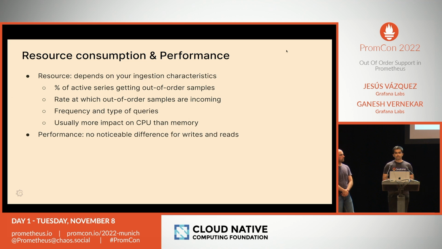But there, the data is always overlapping, so we are always deduping the samples, so we don't see any difference in reads. It's possible in Prometheus, because you always have in-order data. Once you start getting out-of-order data which overlaps with the existing data, it's possible your queries might be a little slower for some time until the compaction takes care of making all the data not overlap.